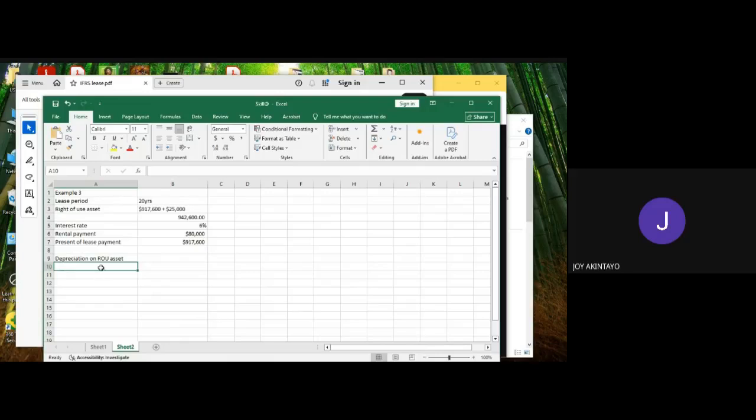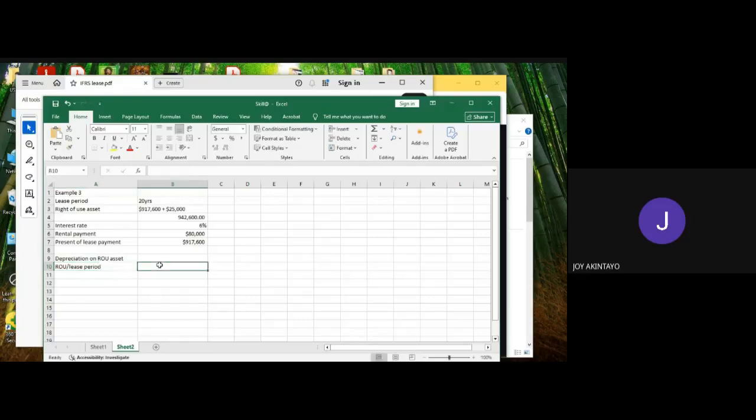So we know straight line, our depreciation formula will be the cost, that's ROU, divided by this period.